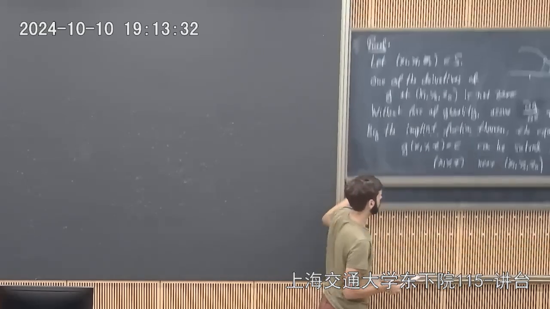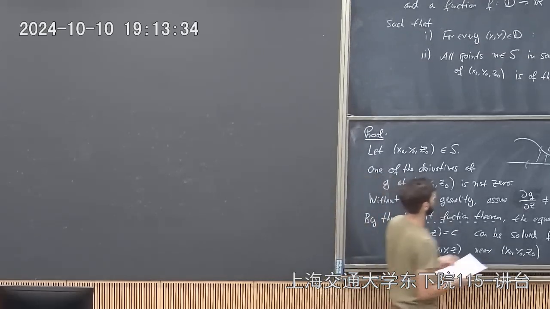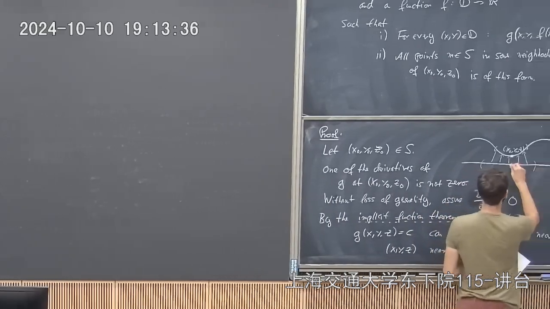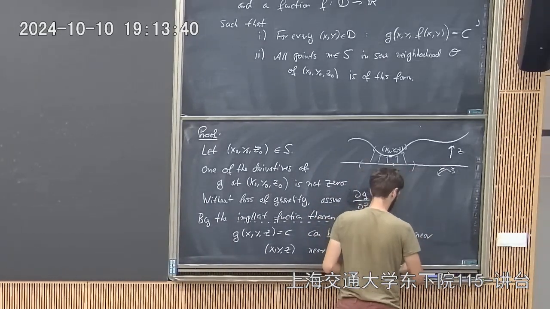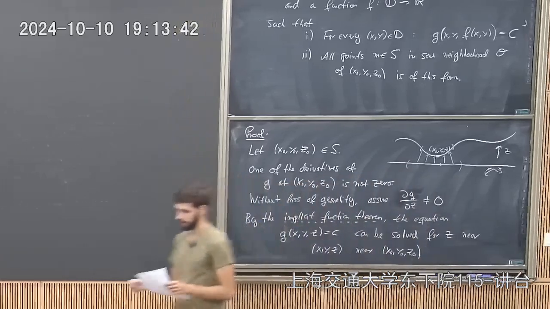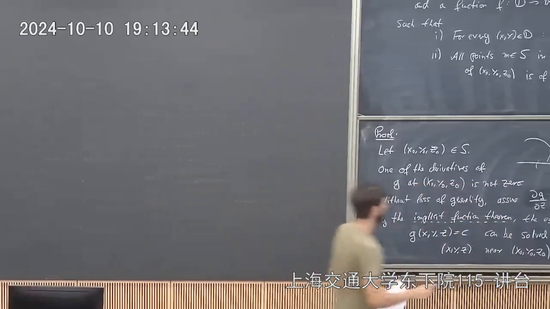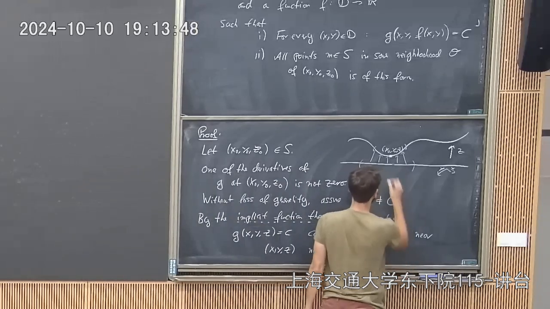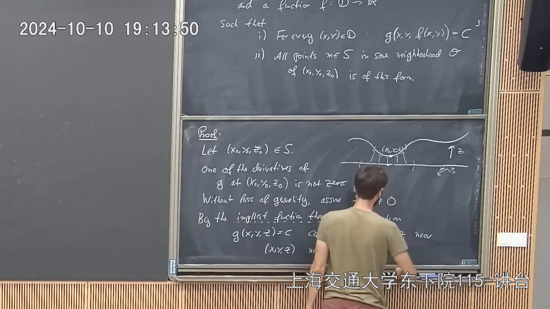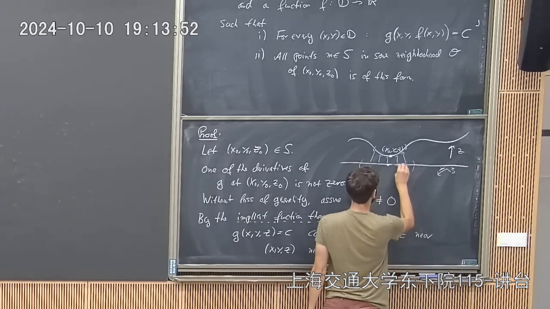So in this picture up here, the blue part is the function that tells you how this point is moved. You have a point here, it would be x and y.